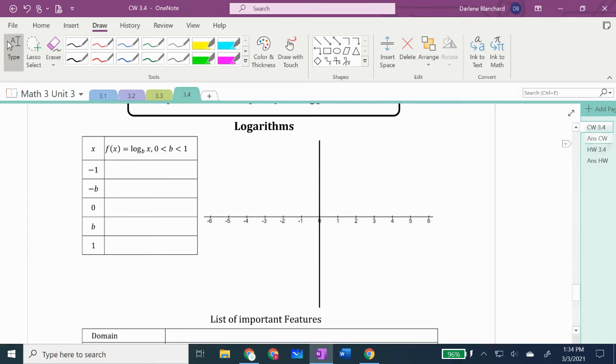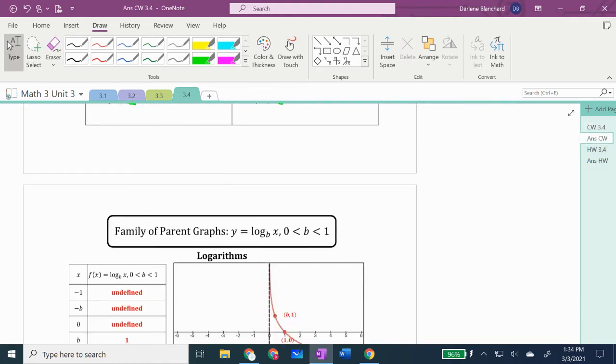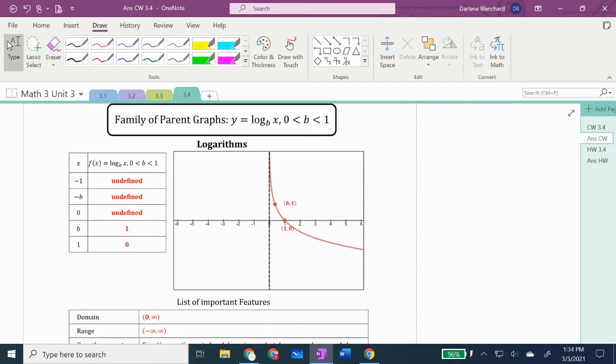So next, for your classwork, I have a generic logarithm graph. And just to point out, you cannot plug negative numbers into a logarithm, and you cannot plug 0 into a logarithm.